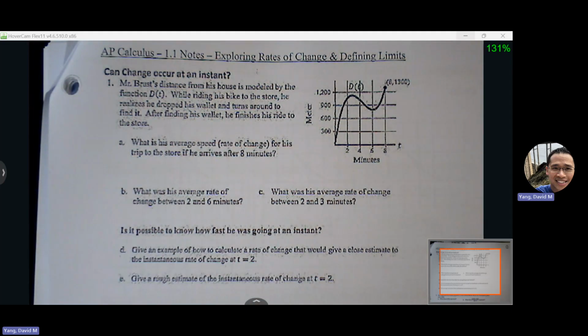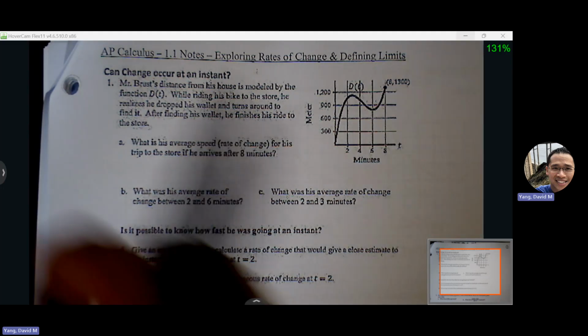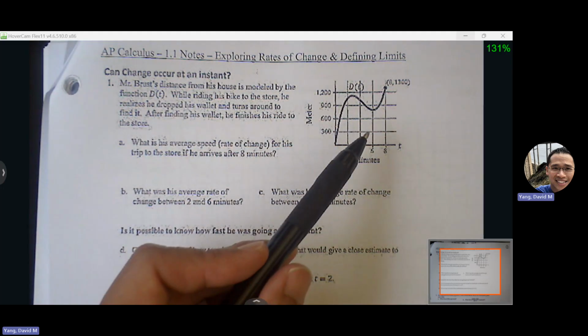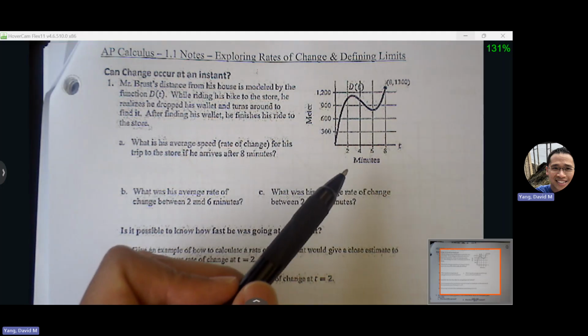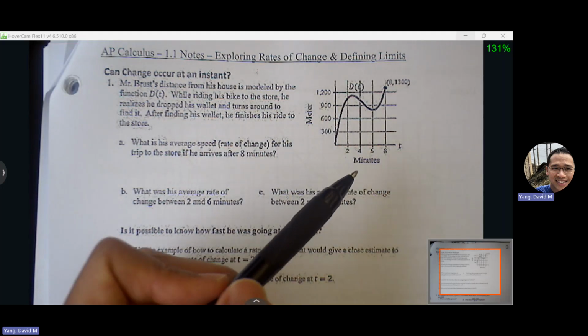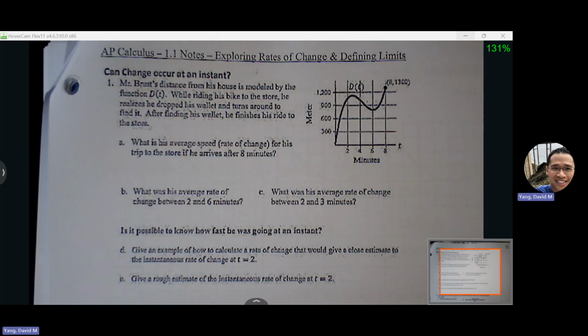So part A says, what is his average speed? What is his average rate of change for his trip to the store if he arrives after 8 minutes? So all we need to do is just do slope, right? We find out how much distance he has covered, how much time has passed, and if we divide those two, we can figure out his rate of change or his speed over that time period.